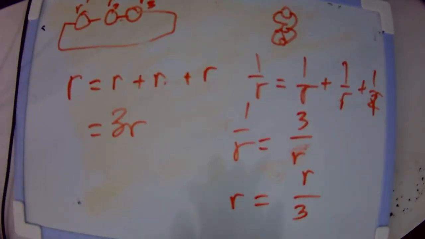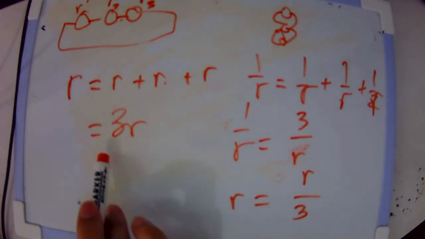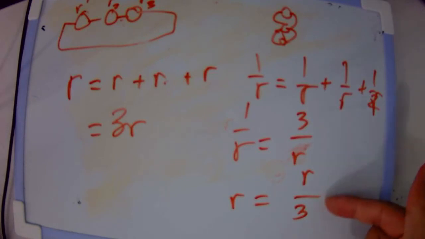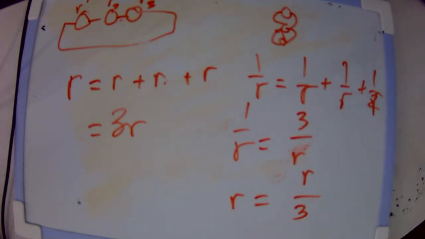Now, even though we don't know the exact number, on simple logic alone, 3R is bigger than R over 3. If we're assuming that R is the same, 3R is definitely going to be bigger than R over 3. So the thing about connecting dry cells in parallel is that your total internal resistance is lower, right? Even if you add more and more batteries, your resistance actually gets lower and lower.